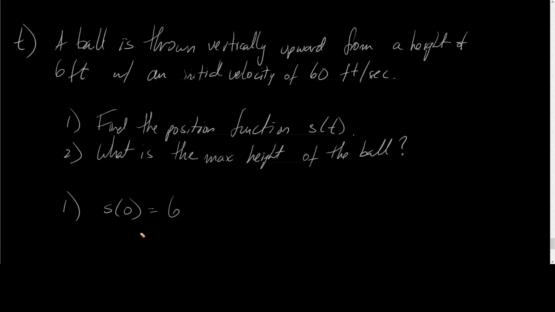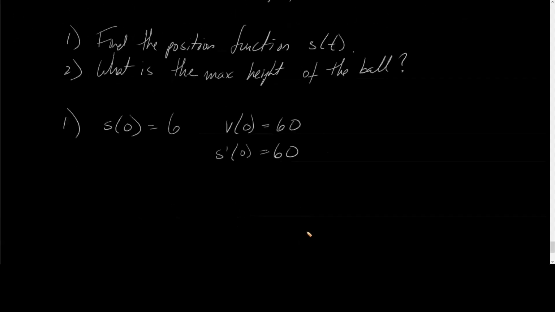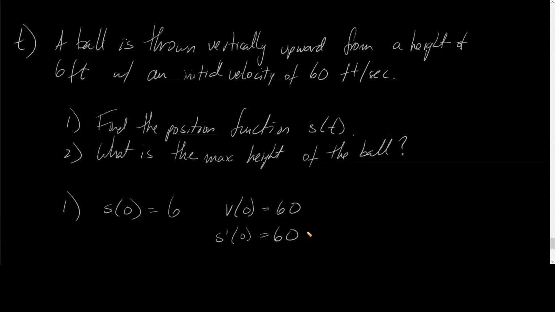With the initial velocity of 60 feet per second, that tells us that v of 0 is 60. Recall that velocity is the derivative of the position function. So we're saying s prime of 0 is equal to 60.